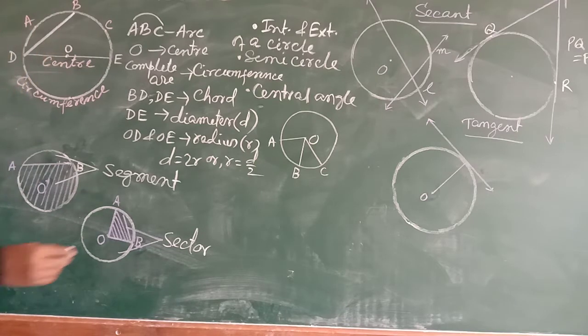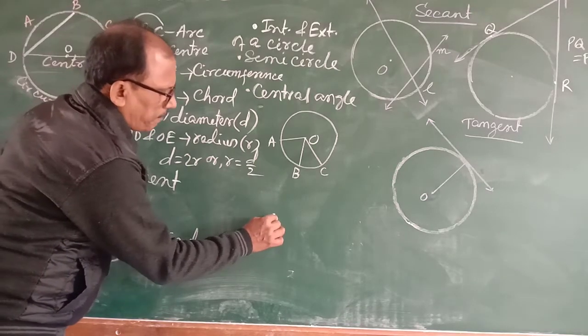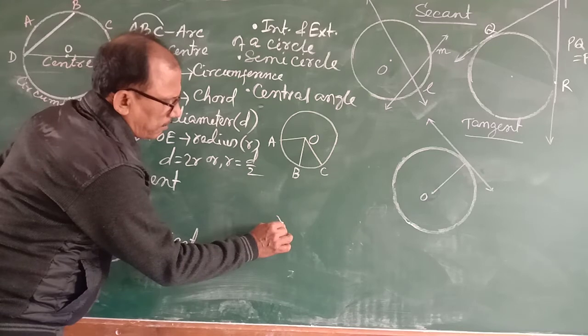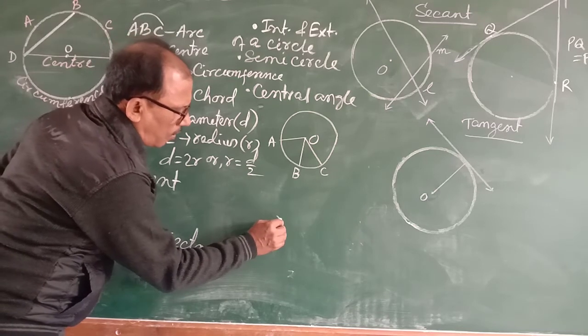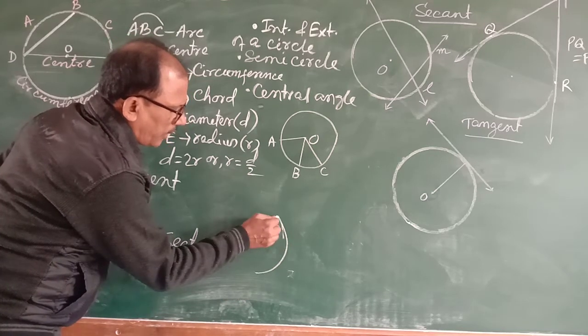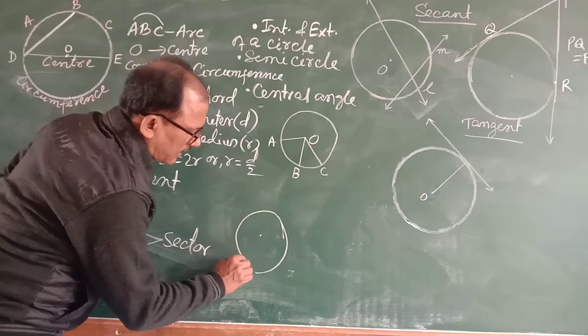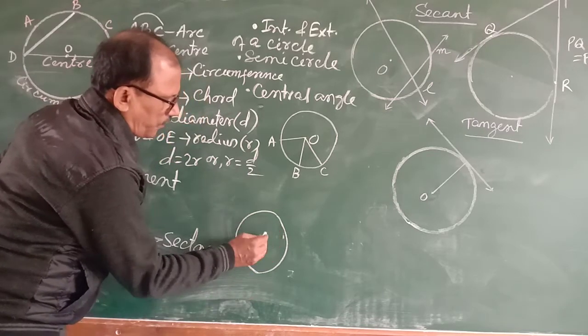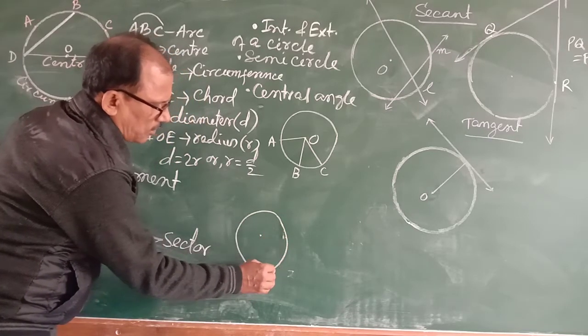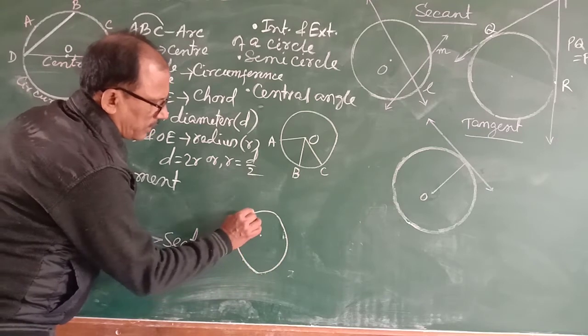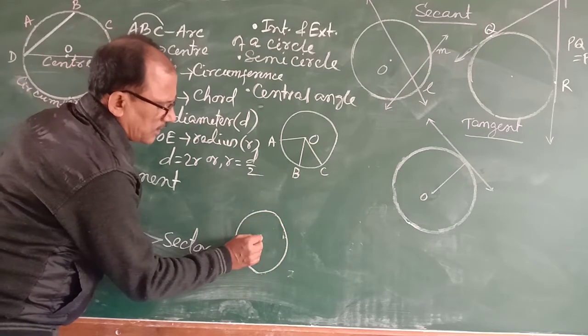That means from a point, if a curved line is drawn whose all the points are at equal distance, it is called a circle.